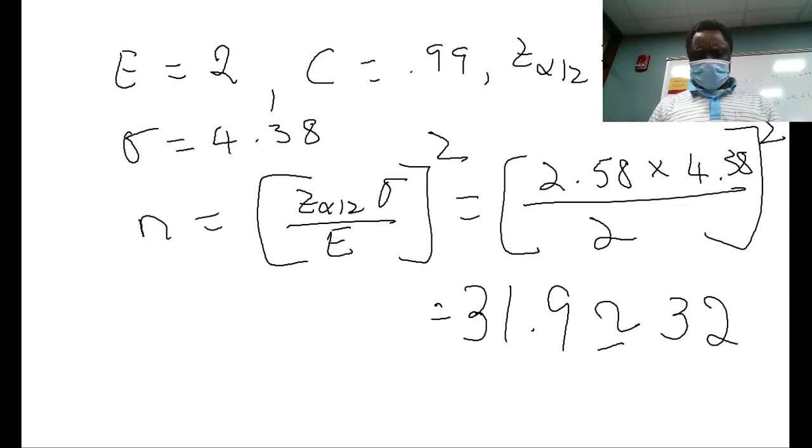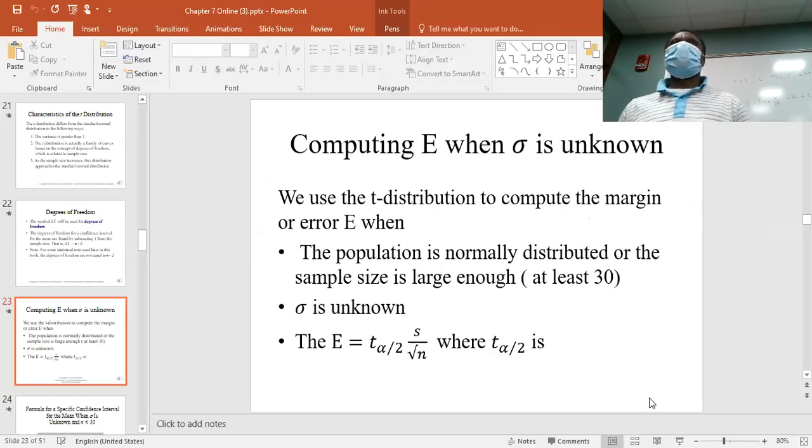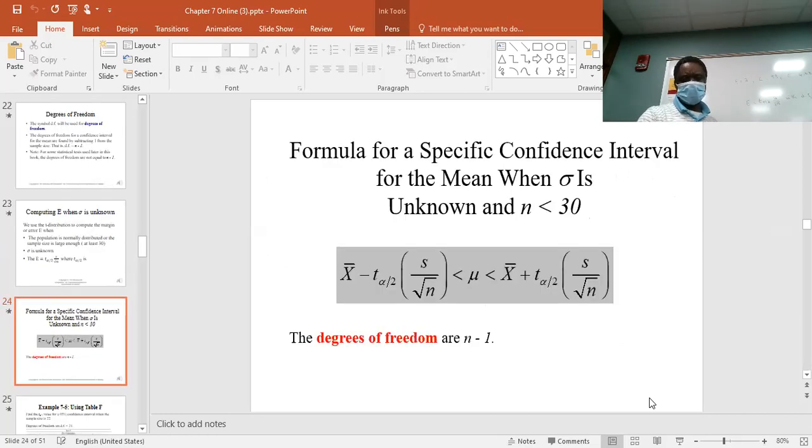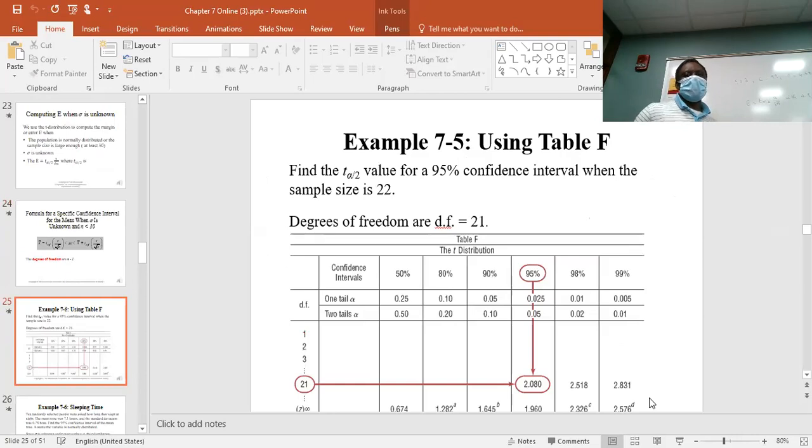So next, let's learn how to read the t distribution table and identify the t alpha over 2. This is how a t distribution table will look.